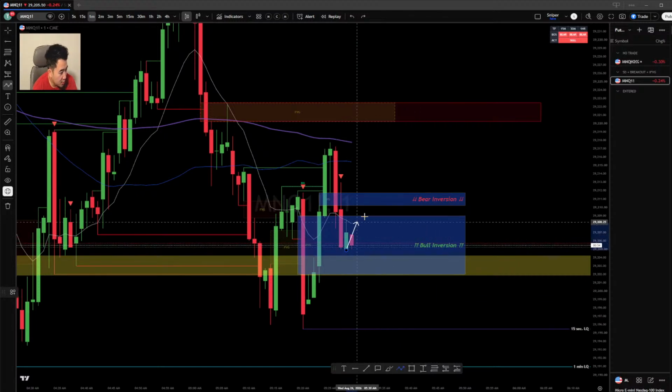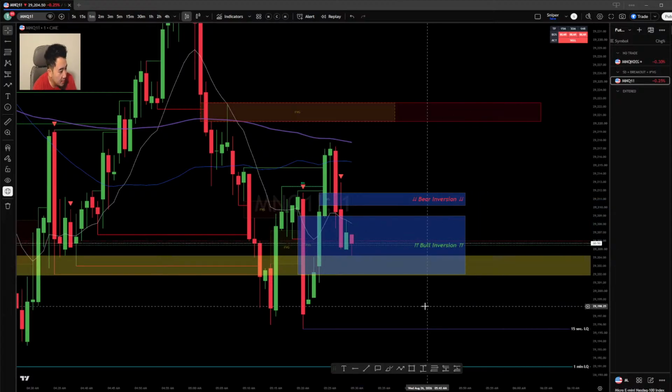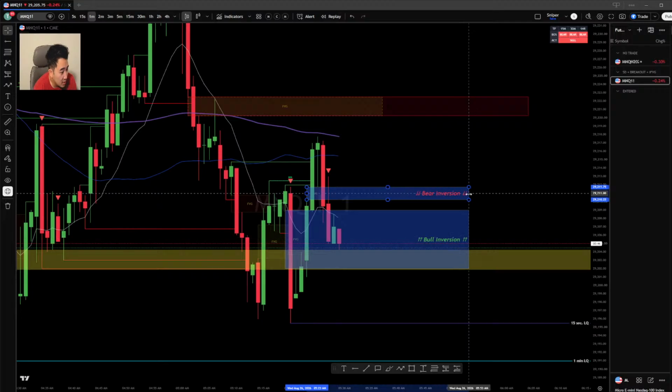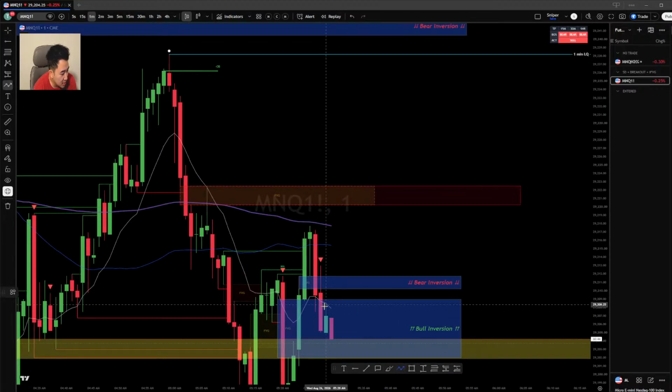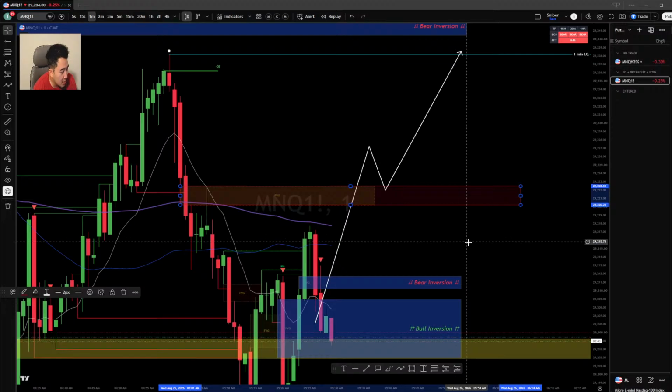I want more of a pullback into this bearish inversion, and then we'll look for an entry going down. This bullish inversion here might get disrespected, but if not, if price goes up, then we could possibly trade off of this gap right here.